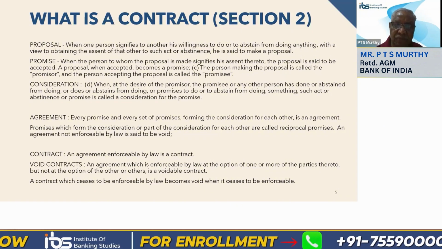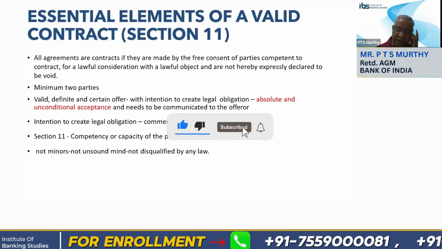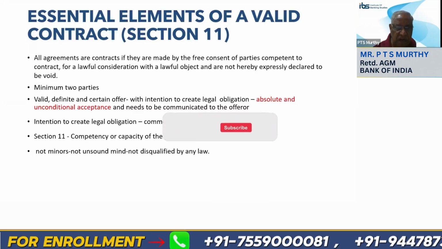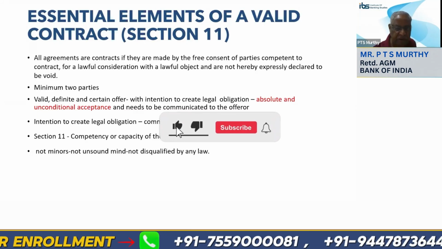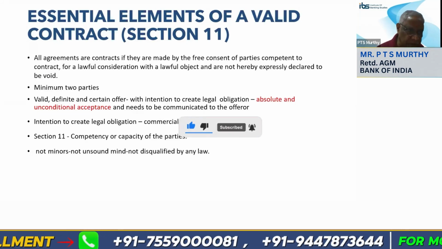Thereafter, they do not remain enforceable. So any contract we make with minors or men of unsound mind is not treated as a valid contract under Section 11. What is a valid contract? What is an invalid contract?